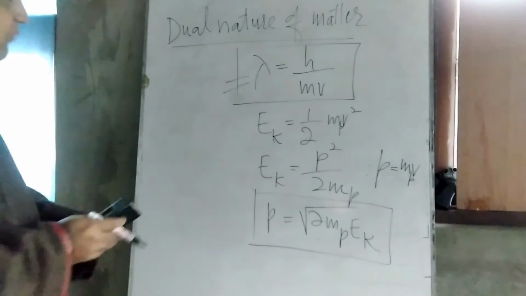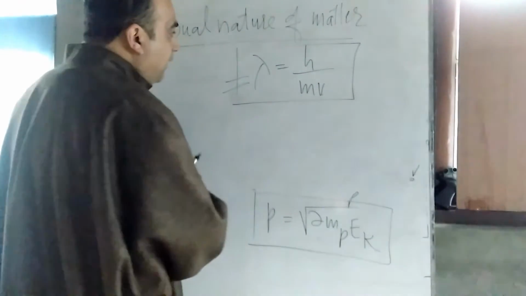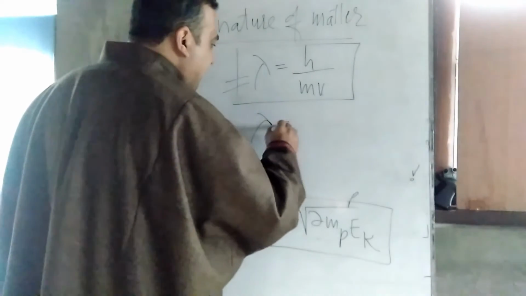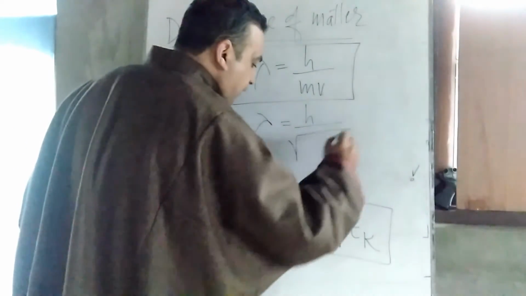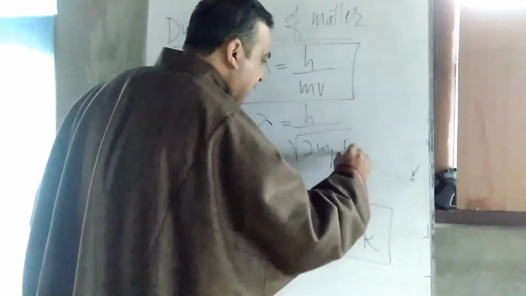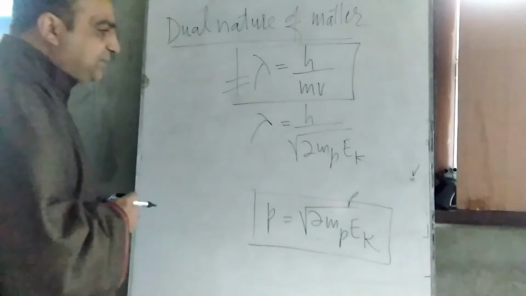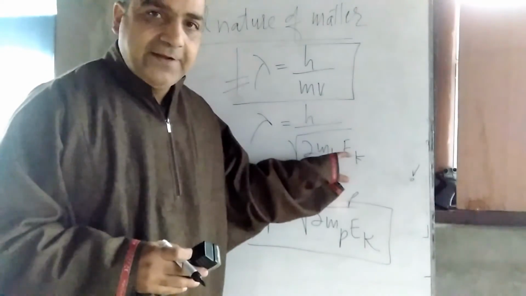If I do that, I will get lambda is h by under root of 2mp Ek. Or I should say, the wavelength of this particle has a relation with its kinetic energy.